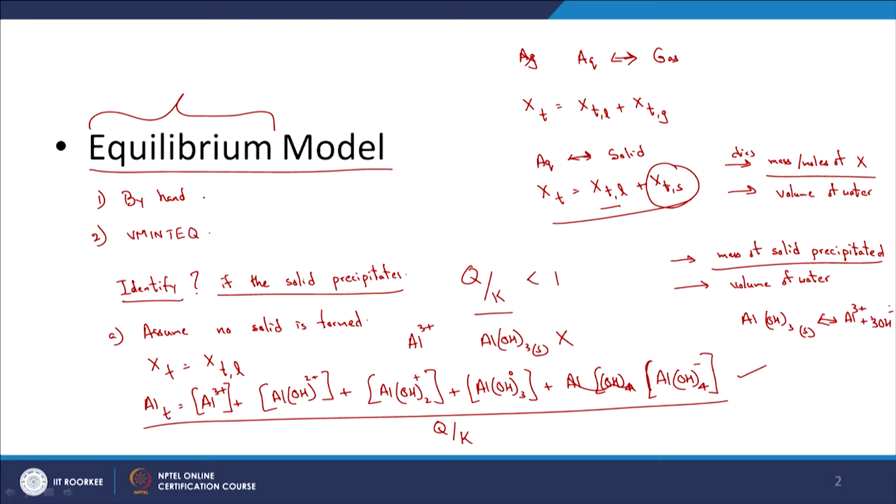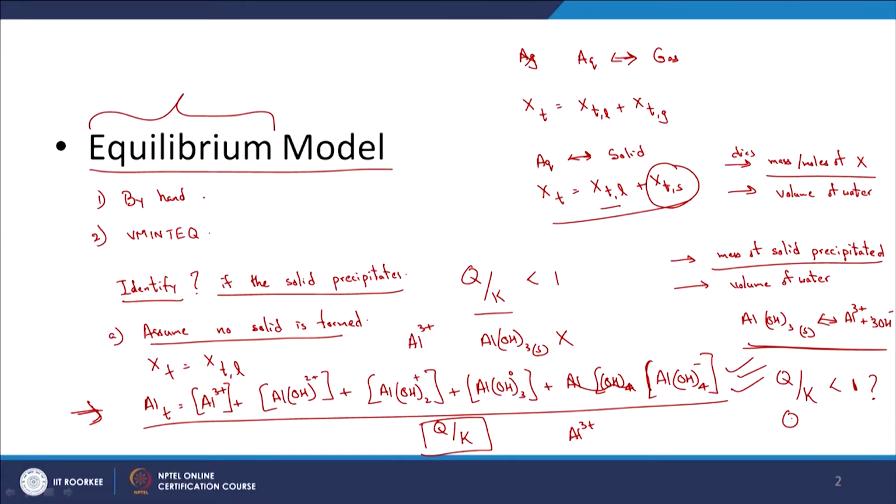So assuming that no solid is formed, I solve and calculate Al3+ and H+, and then calculate Q by K for this equation. If Q by K turns out to be less than 1, what does that mean? That means the solution is undersaturated. Thus your assumption of no solid being precipitated out is valid, and this is the final solution and I am done with it.